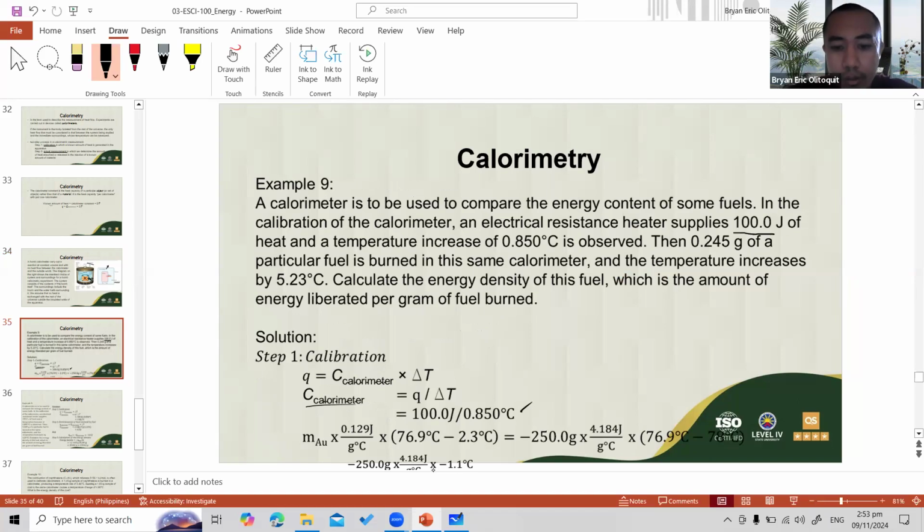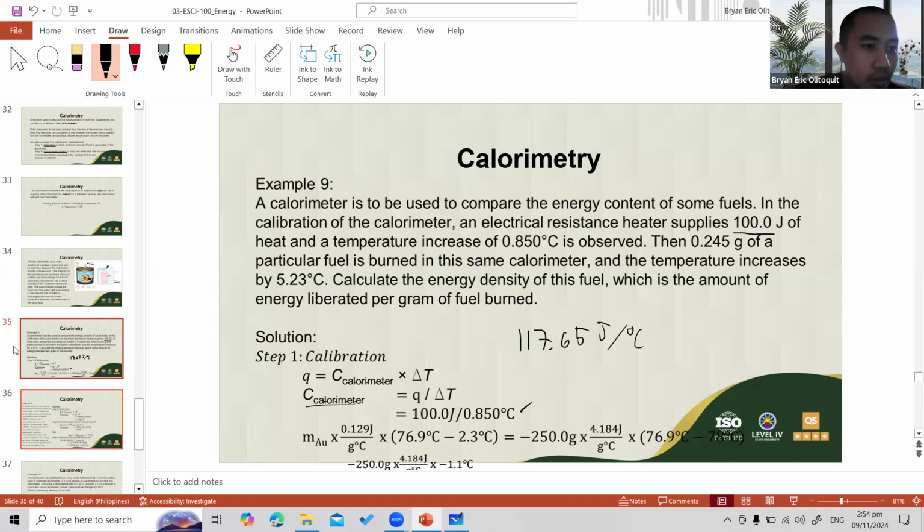So meron tayong 117.65, let's say 117.65 joules per degree Celsius. So this is now the calorimeter constant. So we are asked to calculate the energy density of this fuel. So ang sunod naman is yung step 2.